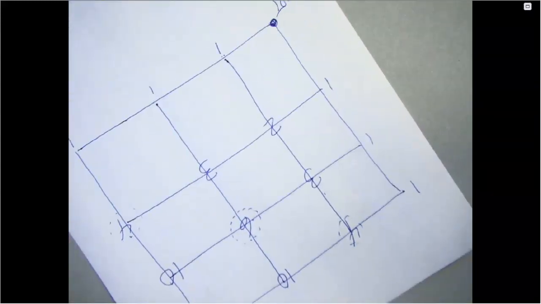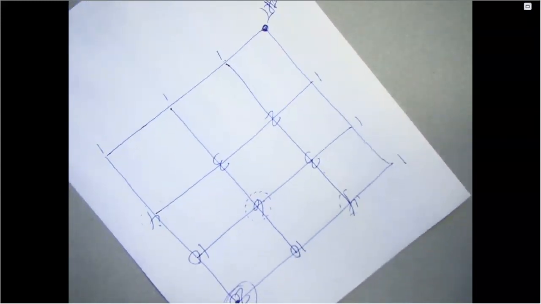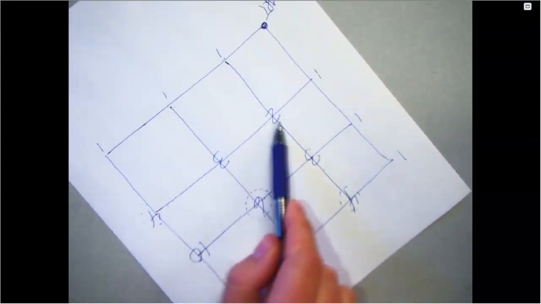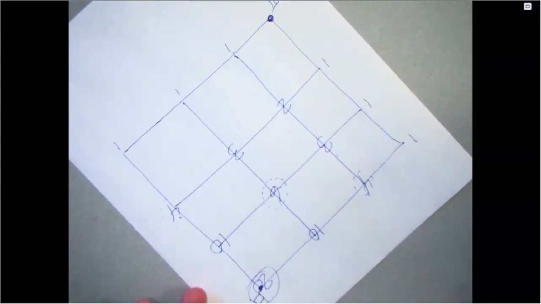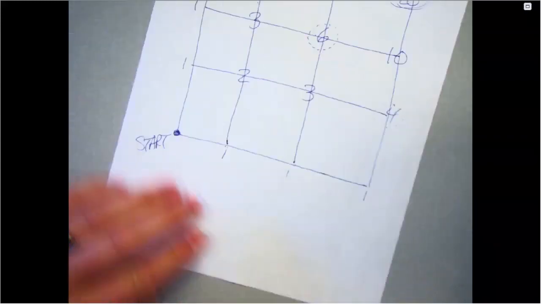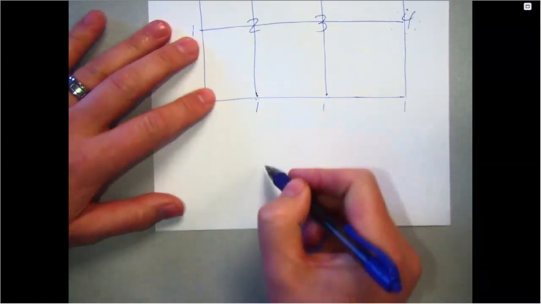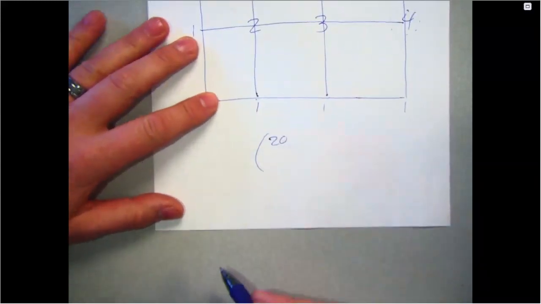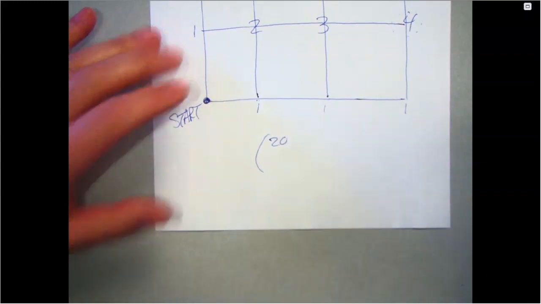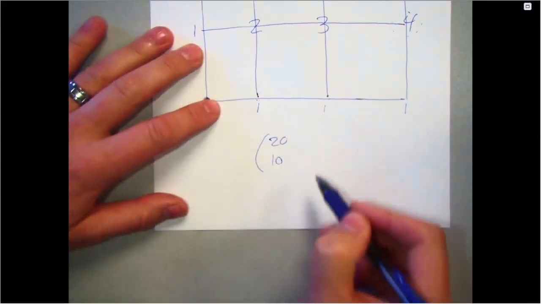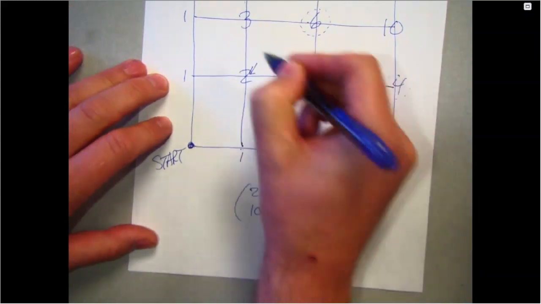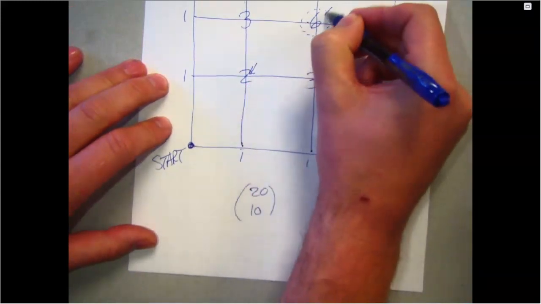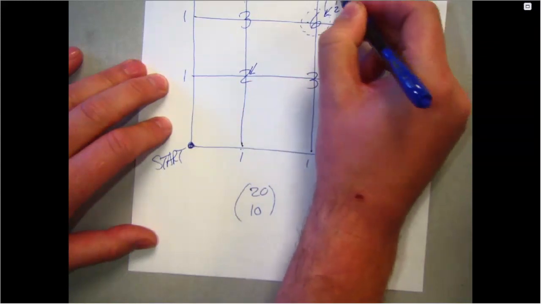That's Pascal's triangle. So that's your 1, 1, 1, 2, 1, 1, 3, 3, 1. Isn't that cool? That's cool. So at the end of it, if you wanted the actual answer, there's 20 little line segments and 10 different, it's 20 choose 10. So this number is 4 choose 2.